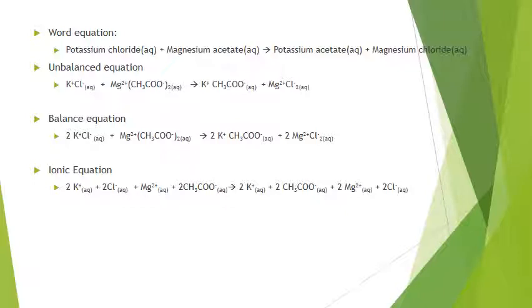Okay, let's do the one reaction that I said didn't work and write it out anyways and see what happens. So here's the word equation. Okay, here's the unbalanced equation. All right, so this is the balanced equation.